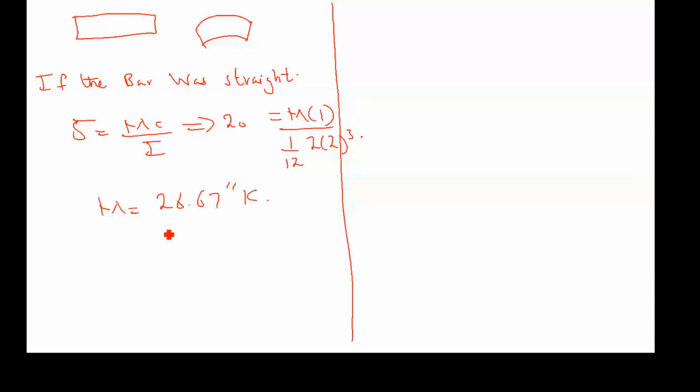Okay. Now by curved beam formula, we calculated that the maximum moment that is occurring here is equal to 24.83 inch kip.